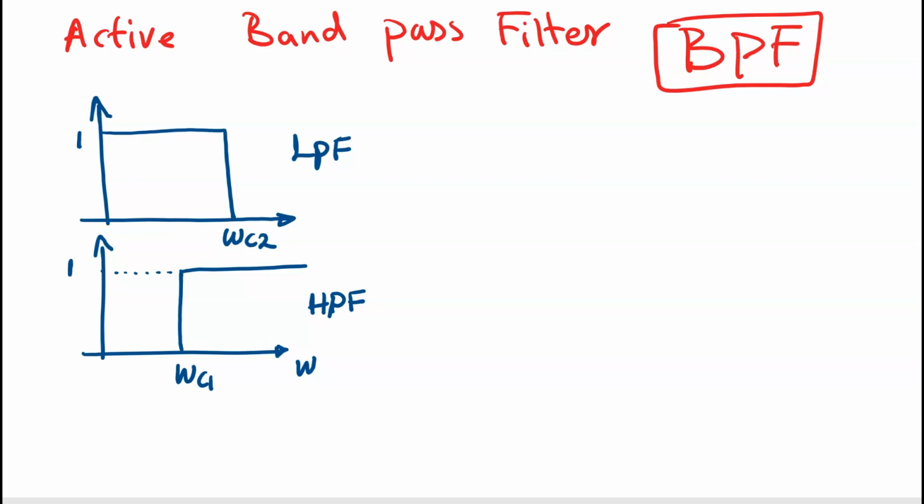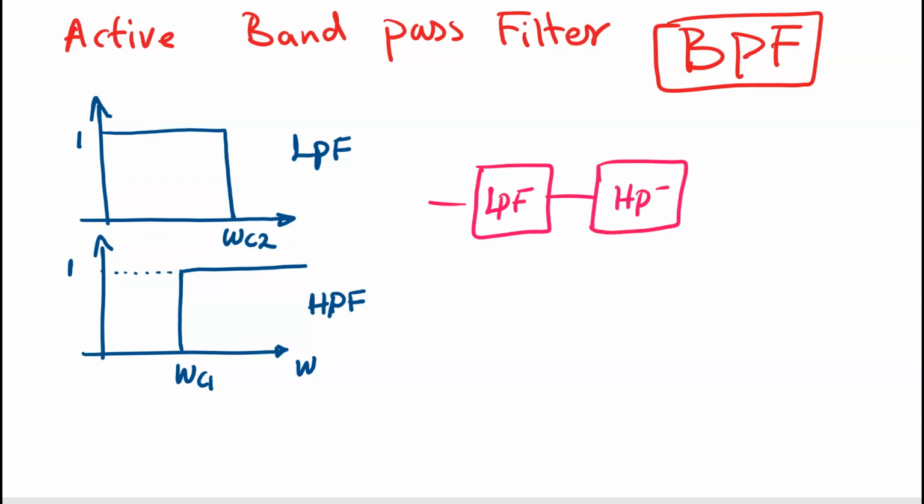Obviously, if I cascade a low-pass filter and a high-pass filter, what will happen is that the low-pass filter will kill the higher frequencies, and then the rest of the frequency spectrum will go through the high-pass filter.